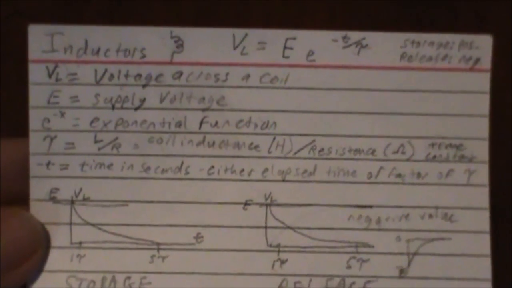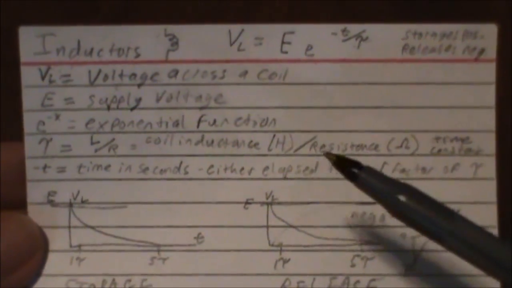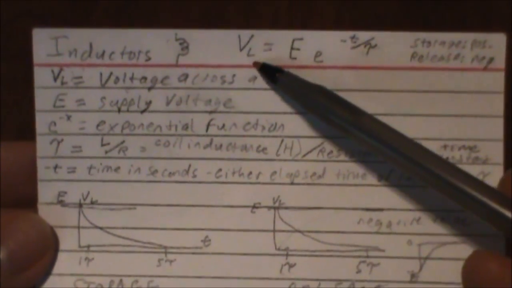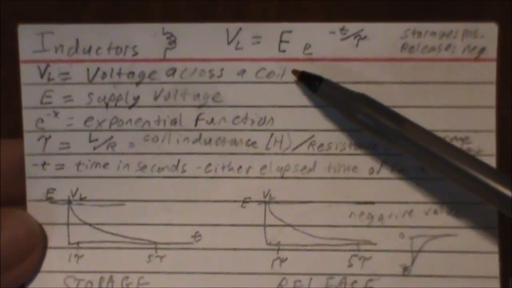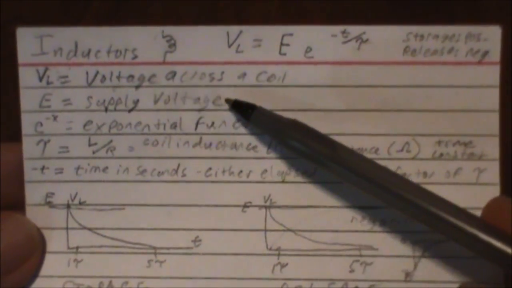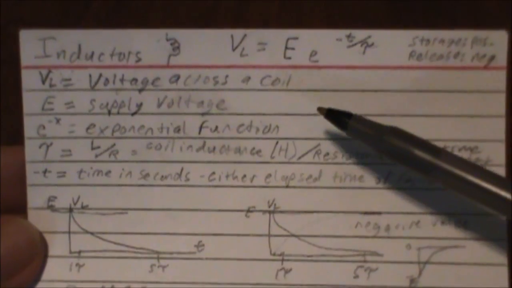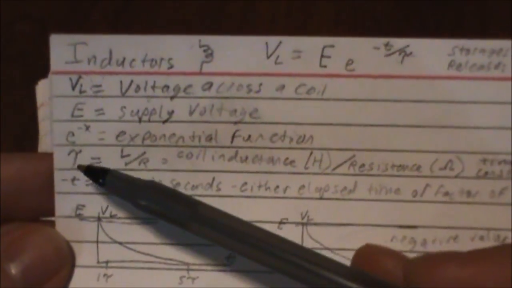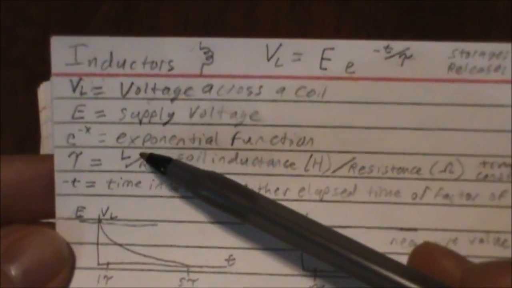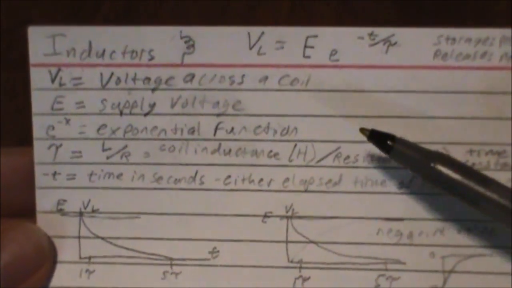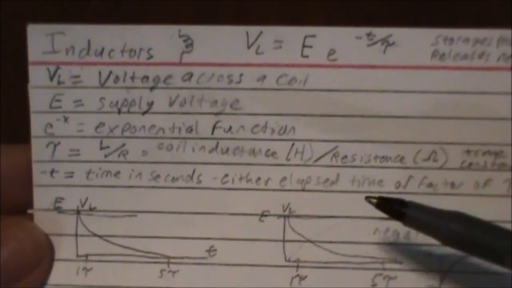So the voltage across a coil is V subscript L equals E, your supply voltage, times e to the minus t over tau. That is an exponential function, which you can find on your calculator.